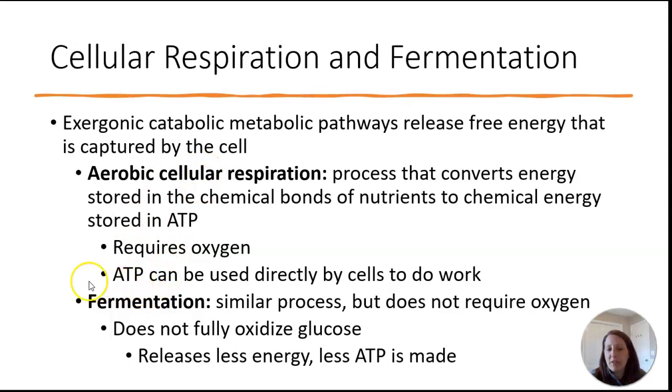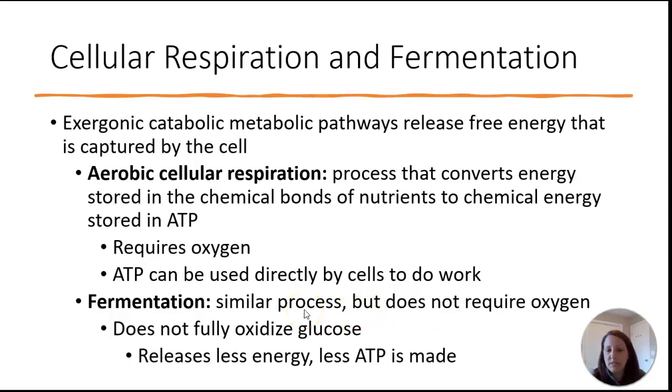The alternative pathway here, fermentation, organisms that are anaerobic will do this process. And we'll talk about fermentation at the end of this chapter. I just wanted to give you a little bit of an idea of what it is. It's similar to cellular respiration. Again, it doesn't require oxygen. Really, it's just the first step of cellular respiration, which consists of 4 steps, which we're going to learn about.